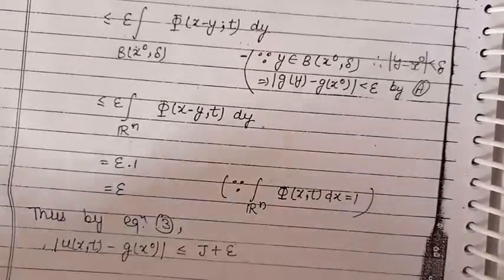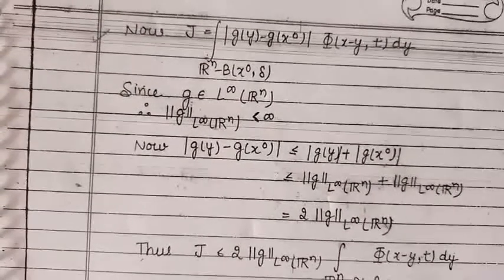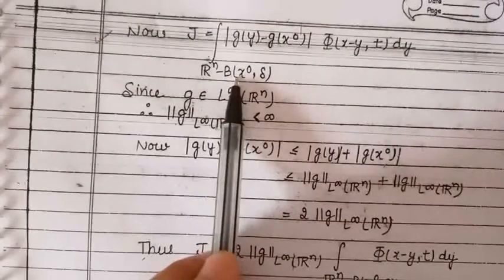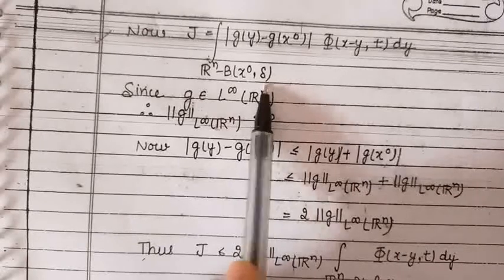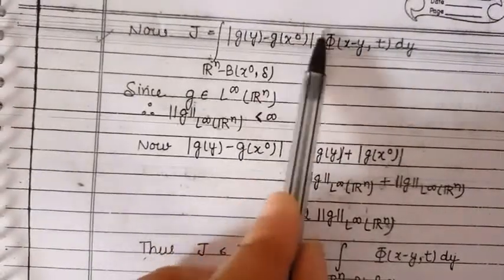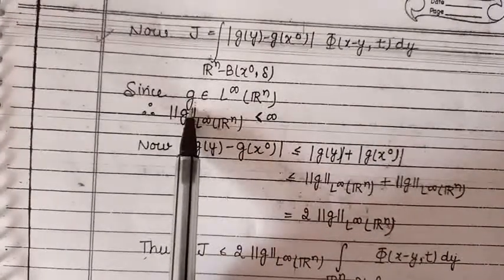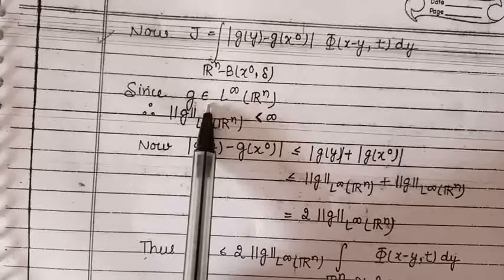Now let us consider the integral which we denoted by J. J is the integral over the complement of the ball with center x naught and radius delta. Now first of all, let us find this value. For this we will use what is given in the statement, that g belongs to the intersection of two function spaces.